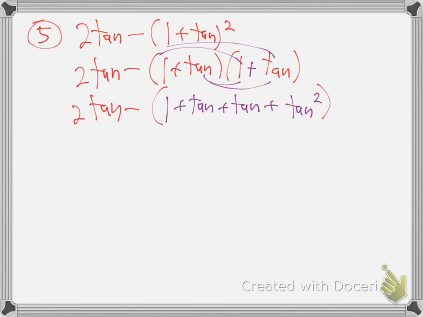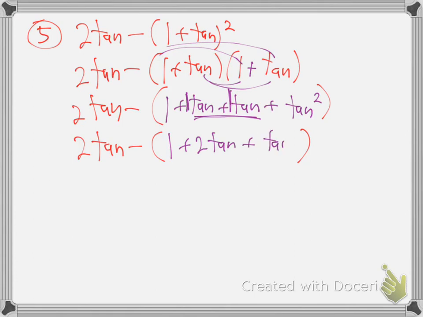Is that good to there? Then gather some like terms. And this becomes tangent plus tangent. That's 1 tangent and 1 tangent. That's 2 tangent, right?